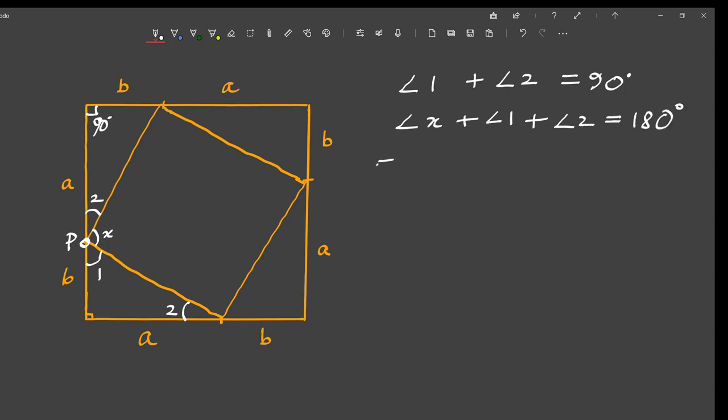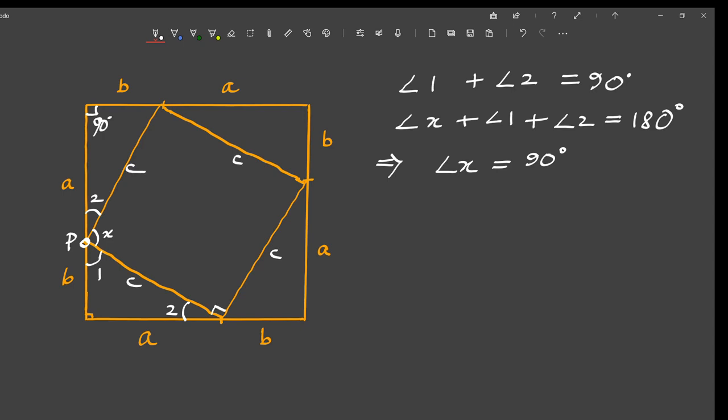This is because each of these triangles already has a 90 degree angle. Therefore, the sum of the other 2 angles must be equal to 180 minus 90, which is 90 degrees. Since the triangles are all identical, angle 1 and angle 2 will repeat in all the 4 triangles.